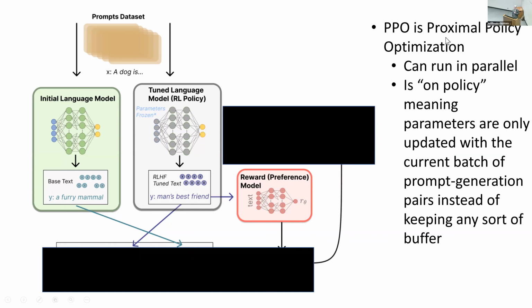And it's nice because it's easy to parallelize if you have multiple GPUs, and it's on policy, meaning that you only update the parameters with the current batch. You don't keep any kind of buffer or list of things. So you just keep updating with whatever the current input is. So it's like an online training algorithm. You could deploy this in an online fashion to keep updating your model if you had continuous input coming into it.